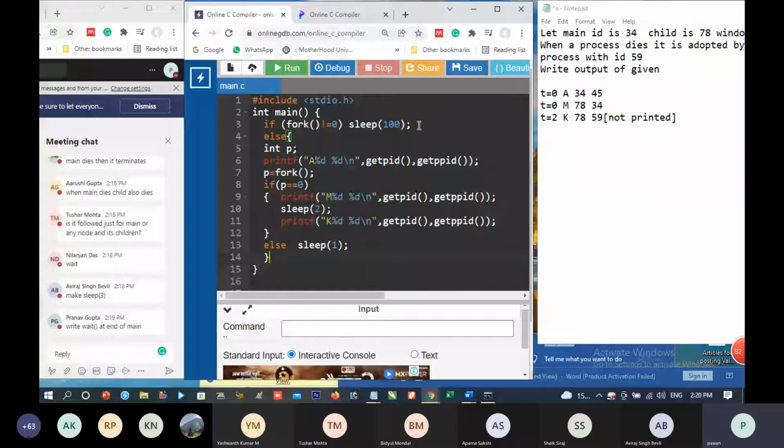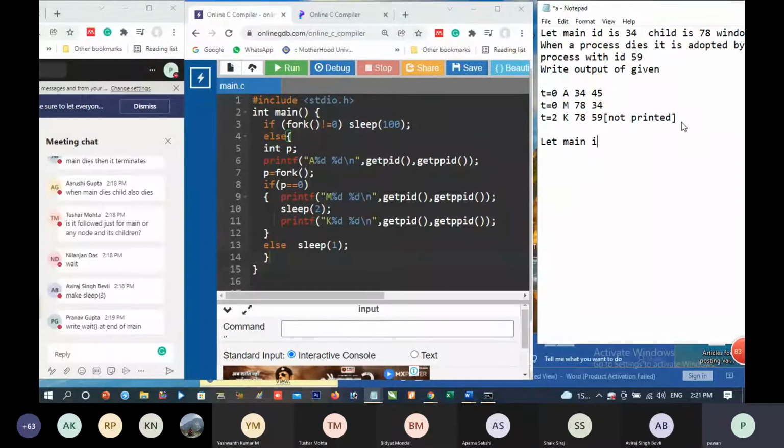Observe the output of this now. M and K both will be printed. Main will sleep for a long time. Its child will be created, which will print A, and the grandchild will be printing M and K. So here we have to make some other assumption.